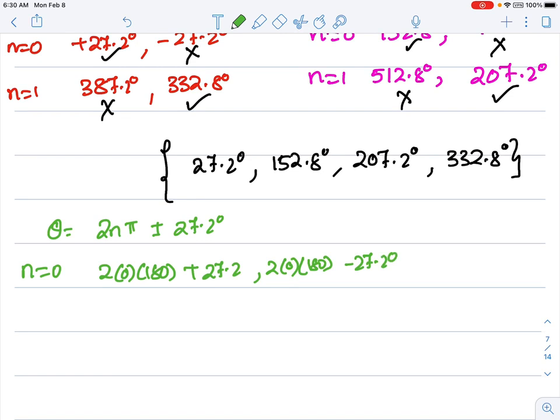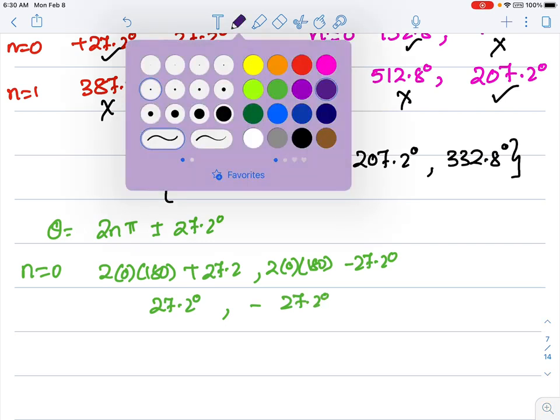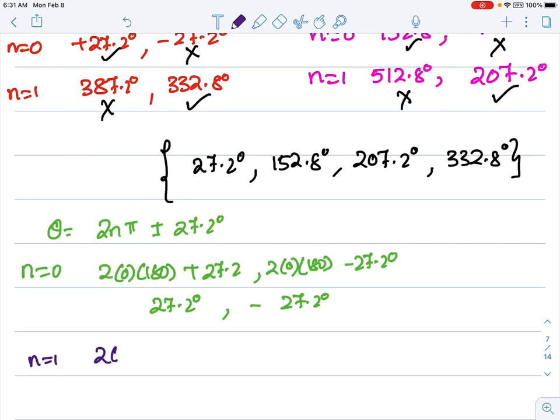I get 27.2 degrees over here, and minus 27.2 degrees over here. Similarly, when n is equal to 1, I get 2 times 1 times 180 plus 27.2, and 2 times 1 times 180 minus 27.2.